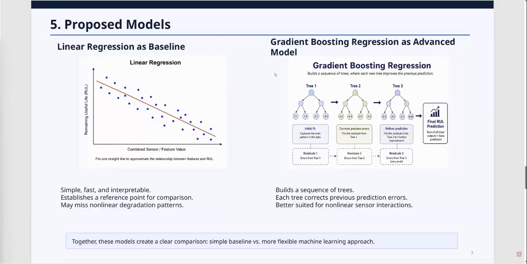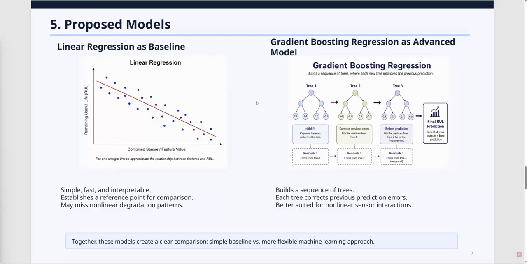Gradient boosting regression is proposed as the advanced model for this project. Unlike linear regression, it does not assume a simple linear relationship between sensor readings and remaining useful life. This is important because jet engine degradation can depend on complex interactions between temperature, pressure, speed, fuel flow, and other sensor values.